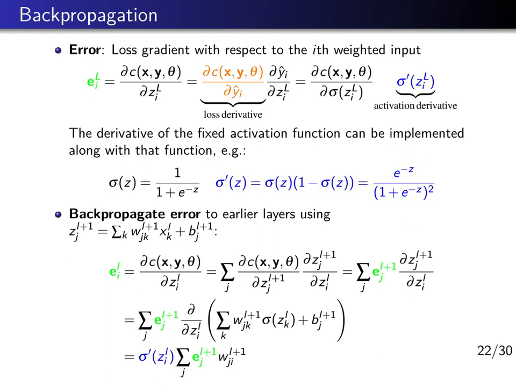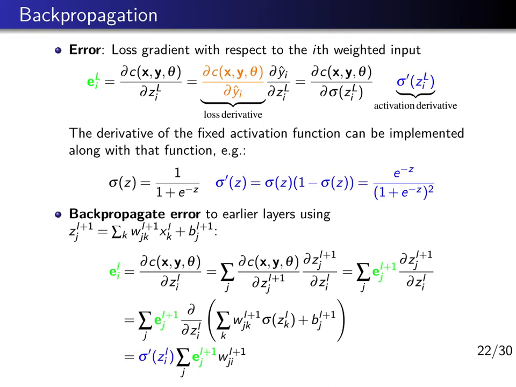We need the current activations, the internal activations of the neurons, z_i^l. So we need to store the current state of the network, and we need the current set of parameters, in particular the weight matrix. And with this we can express the error vector of the current layer as a function of the error vector in the next layer.